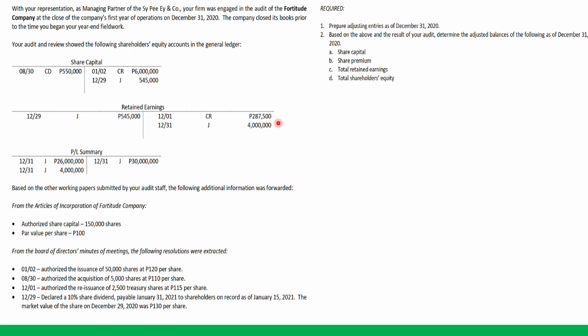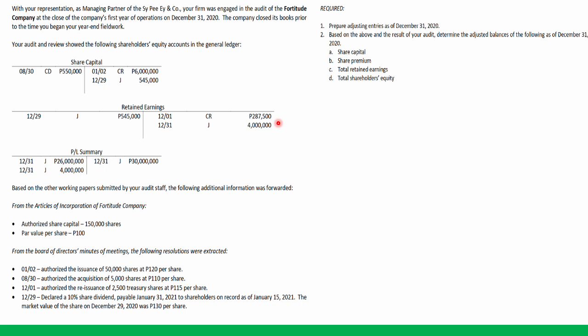So if the company reissues the treasury shares at a loss, not at a gain, then the debit should have been to share premium if there is a balance on the share premium from similar or related transactions in the past. But what if there is no balance in the share premium from similar transactions? What would be debited in that case?